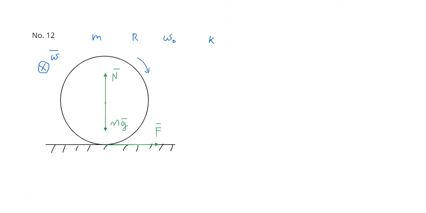And N is the normal reaction. What can we say about the force of normal reaction? Can we define this force?